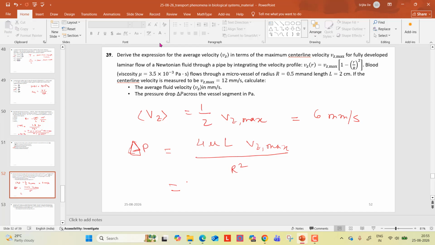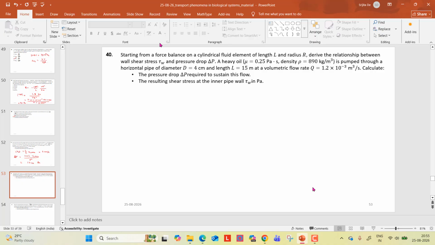Okay, this is divided by R square. R is 0.5 millimeter, so 0.5 into 10 to the power minus 3, whole square. It is coming as 13.44 Pascal.